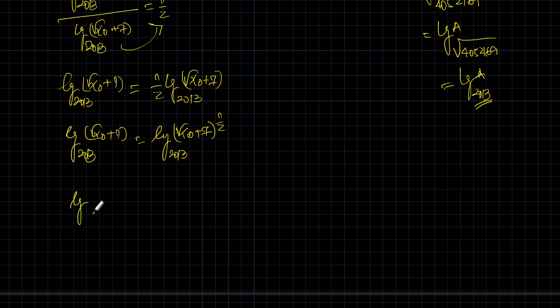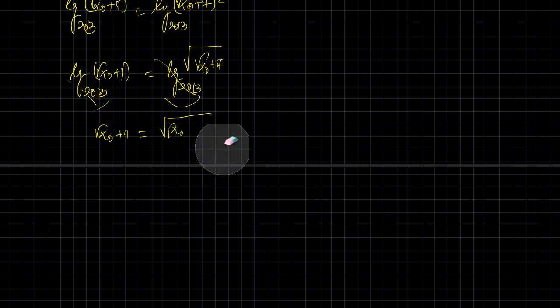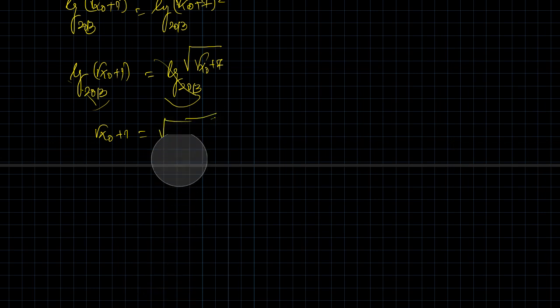Let's write it again: log base 2013 square root of x0 plus 1 equals this, and this is going to be square root of x0 plus 7. These bases are the same, so we can cut the bases, and we're going to have x0 plus 1 equals square root of x0 plus 7.